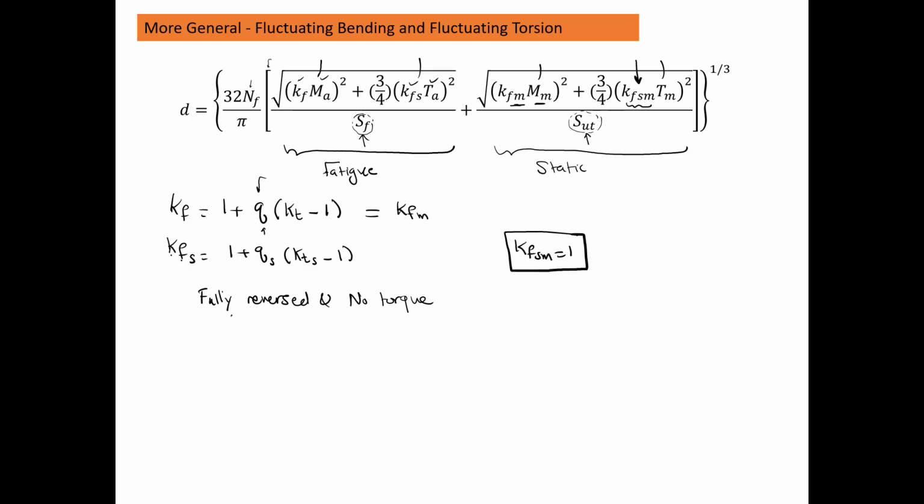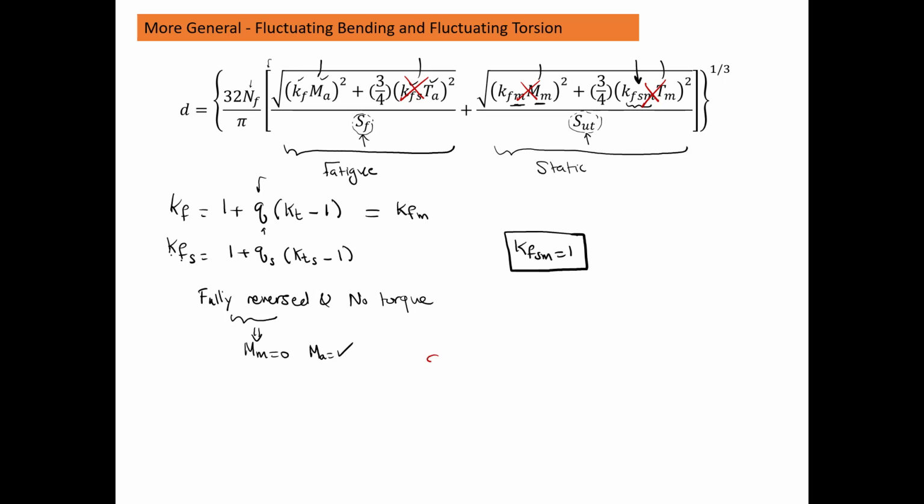So fully reversed bending, that means Mm is 0, Ma is there, it's equal to the maximum value, and then no torque. So what happens to your equation? We can see that the equation here, no torque, so this term will disappear, right? This term will disappear. Now no moment, so this term also disappears. So all this static portion, it's not there anymore.